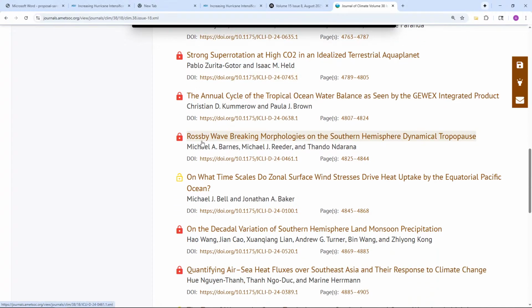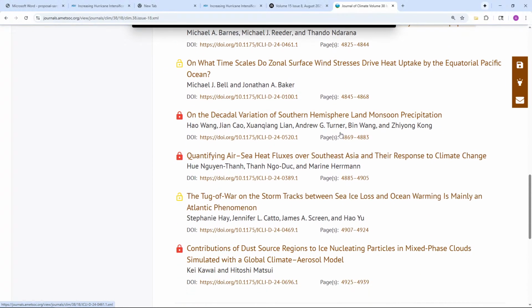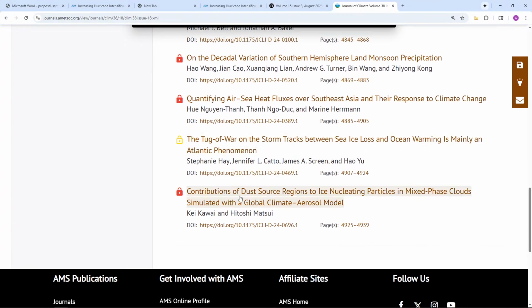Rossby wave breaking morphologies of the southern hemisphere dynamical tropopause. Not an easy article to understand. Contribution of dust source region to ice nucleating particles in mixed phase cloud simulation with a global climate aerosol model. Is this a bad title? No, it's not a bad title, but that's exactly the point here.